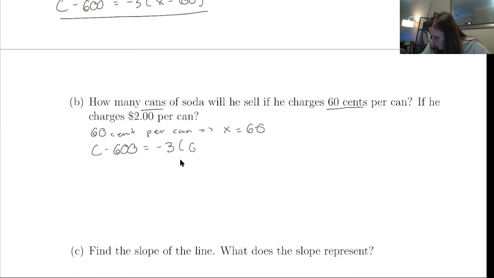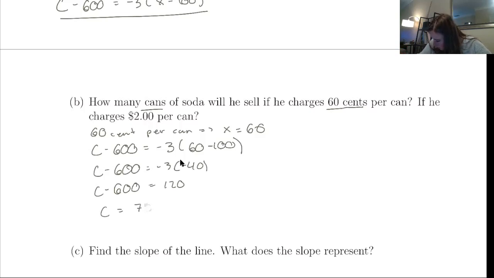So C minus 600 equals negative 3 times 60 minus 100. 60 minus 100 is going to be negative 40, which is going to be 120. I'm going to add 600 onto both sides. So that's going to give me 720 cans.